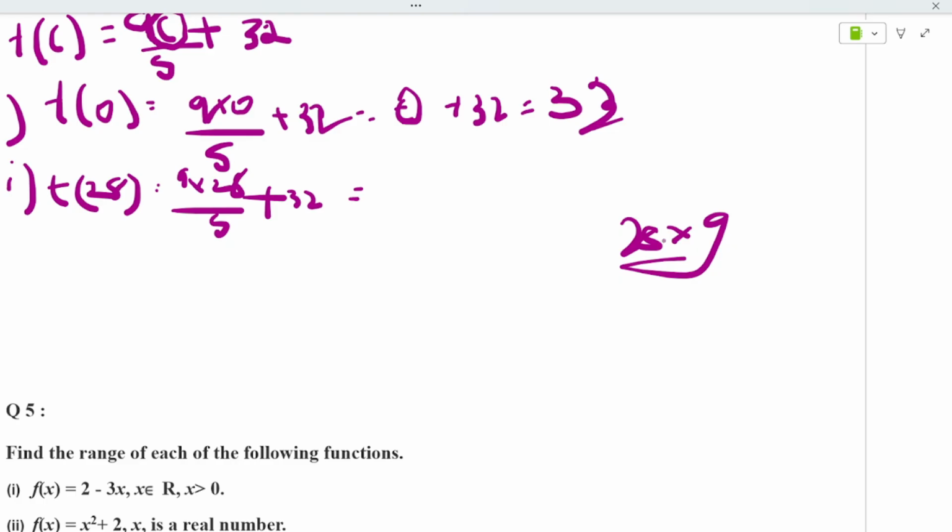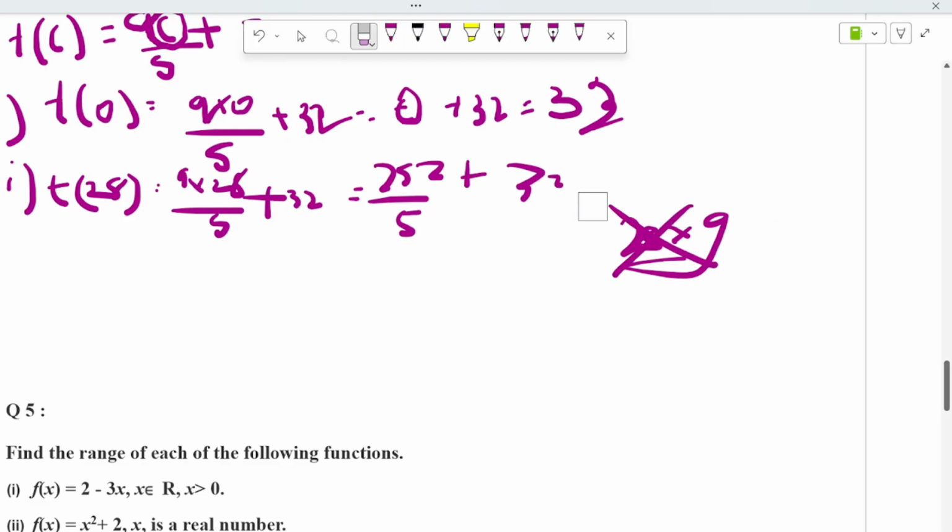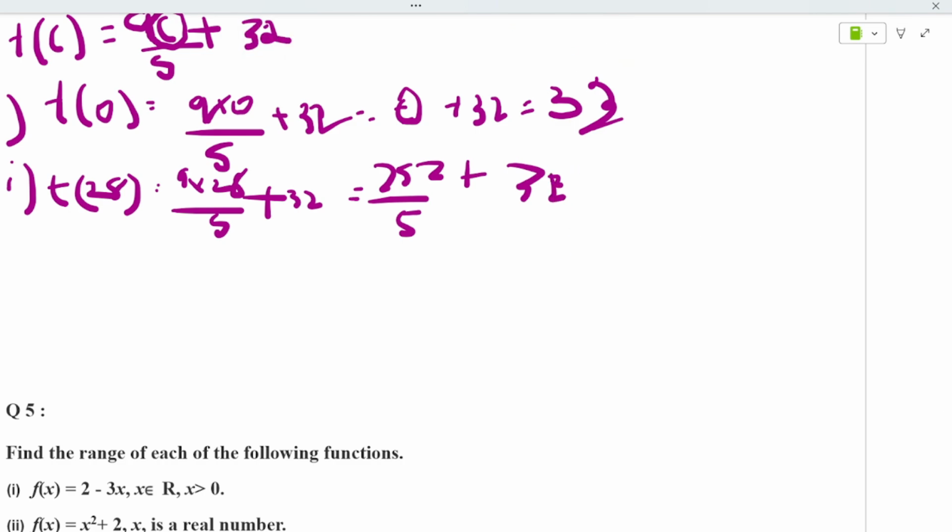You can do it the easiest way, as the calculator is allowed. You will get 252, divided by 5, and plus 32 as it is.